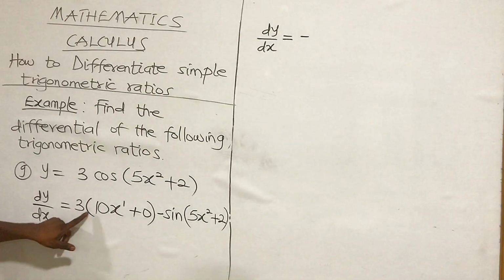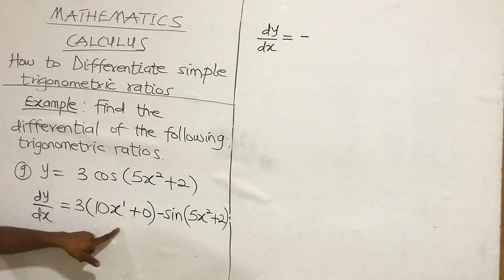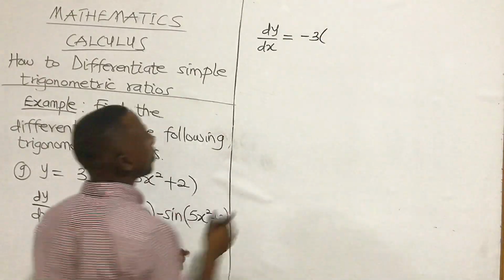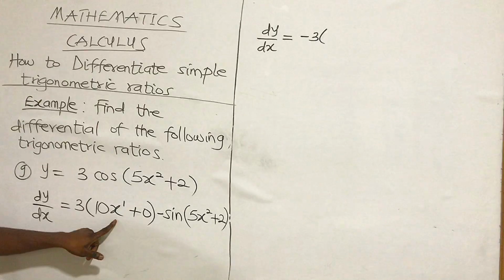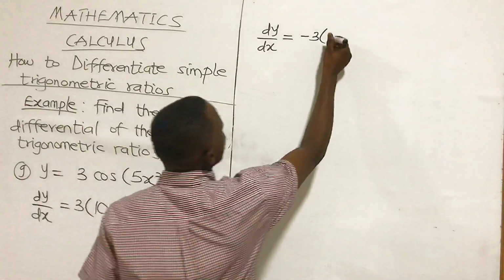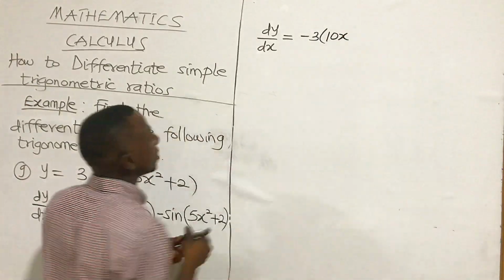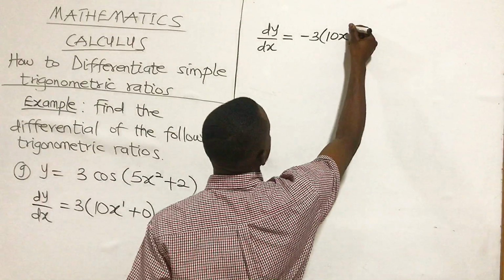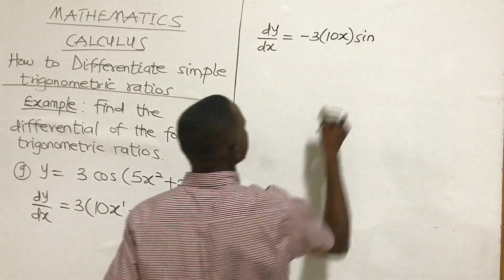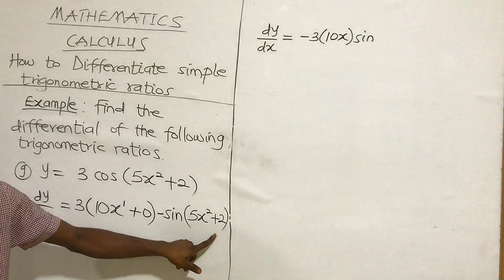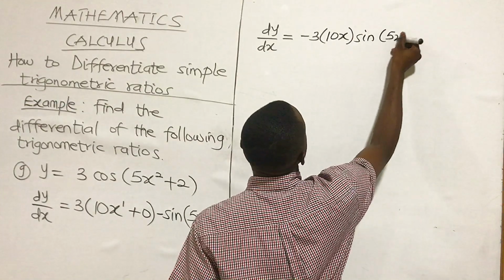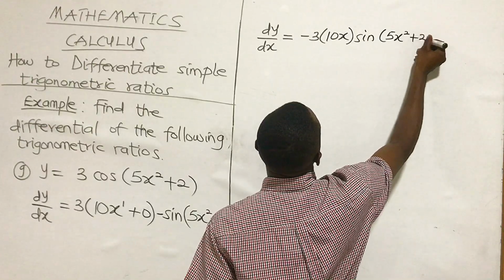Then 3 multiplying what we have from the bracket, so we have 3 multiplying 10x exponent 1. We are still getting 10x plus 0, we still have 10x, sine what we have from the bracket, which is 5x squared plus 2.